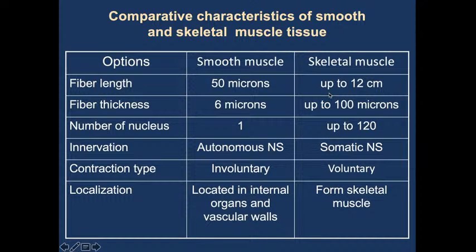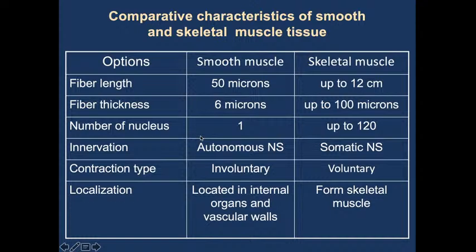So it is quite a big structure. Fiber thickness is also less in smooth muscles: only 6 microns for smooth muscles and up to 100 microns for skeletal muscle fibers.